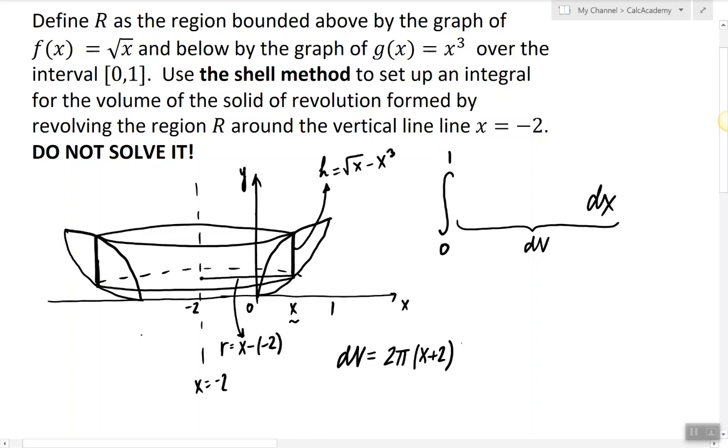So we multiplied the circumference by the height, and we multiplied by the width, and the width of the shell is dx, and that gives us the volume for each shell at x. And to find the total volume means to integrate from 0 to 1. So the final integral will be this: 2 pi times (x plus 2) times (square root of x minus x cubed) dx.